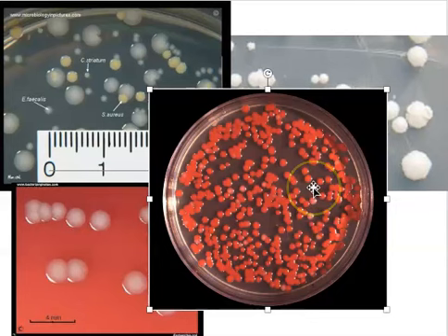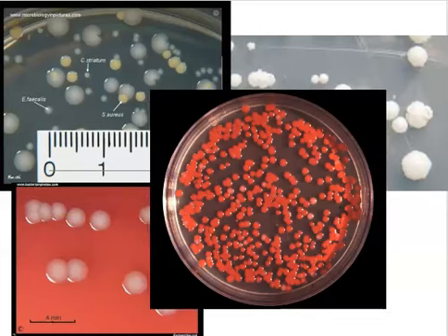It grows as small 1 to 2 millimeter circular colonies, otherwise pretty boring, except for the fact that it grows with this bright, brilliant red color. When we see that red color on a plate, one of the first things we think about is that it might be Serratia. We're going to have to do other testing, though, to confirm that.